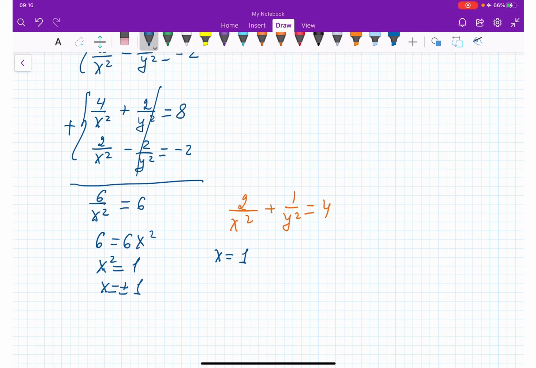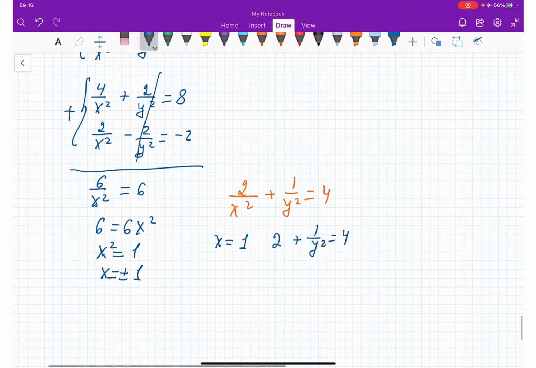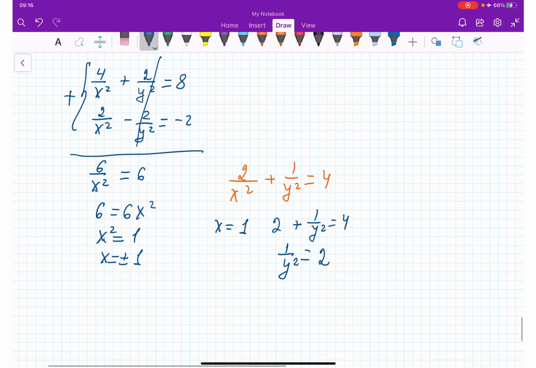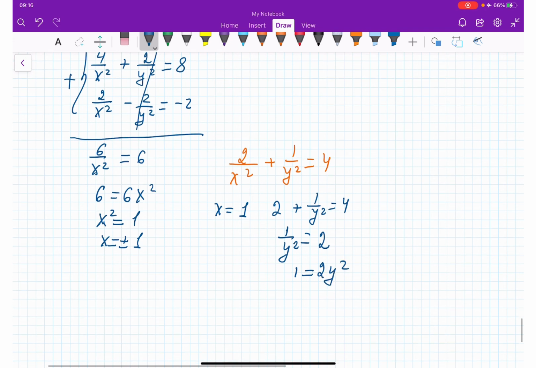We are getting 2 plus 1 over y squared equal 4. Okay, so from here we are getting 1 over y squared is equal 2, and I can write it down at the bottom for better understanding: 1 over y squared is equal 2, and 1 is equal 2y squared, and y squared is equal 1 over 2.